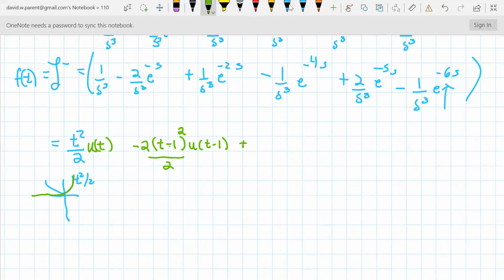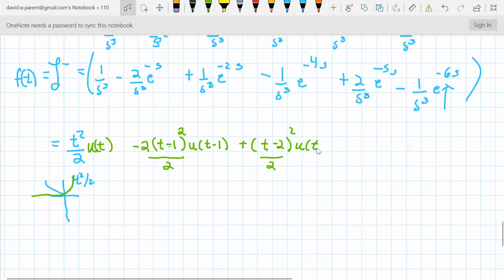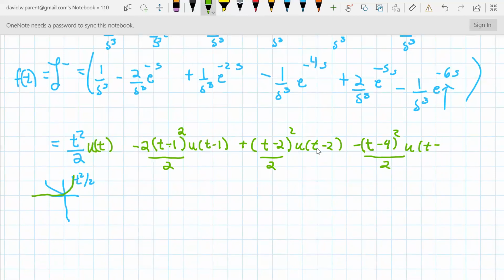Then we have t minus 2 squared divided by 2 u t minus 2, right? Another minus sign. So we have t minus 4 squared divided by 2 u t minus 4.